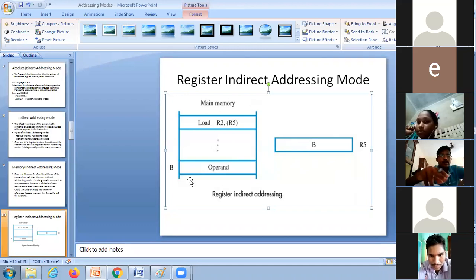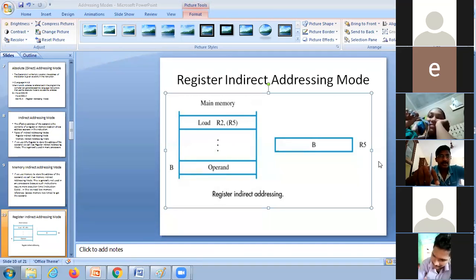Any one of you can explain to me now? Register indirect addressing mode. Any one of you can explain? If you understood, I think it is easy to explain.